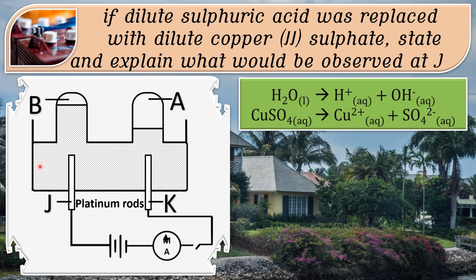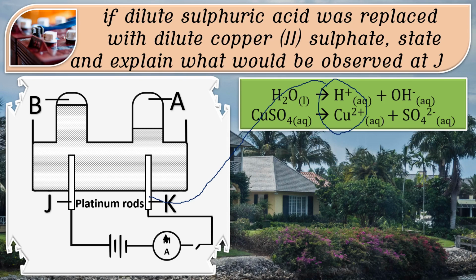We have already said that in our solution we have copper 2 sulfate and water, which give us ions. The positively charged ions, hydrogen ions and copper 2 ions, are attracted to the cathode.